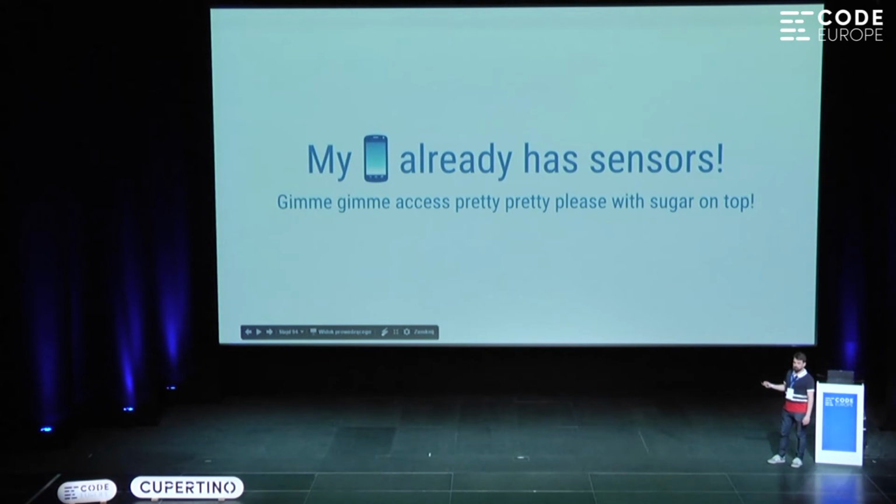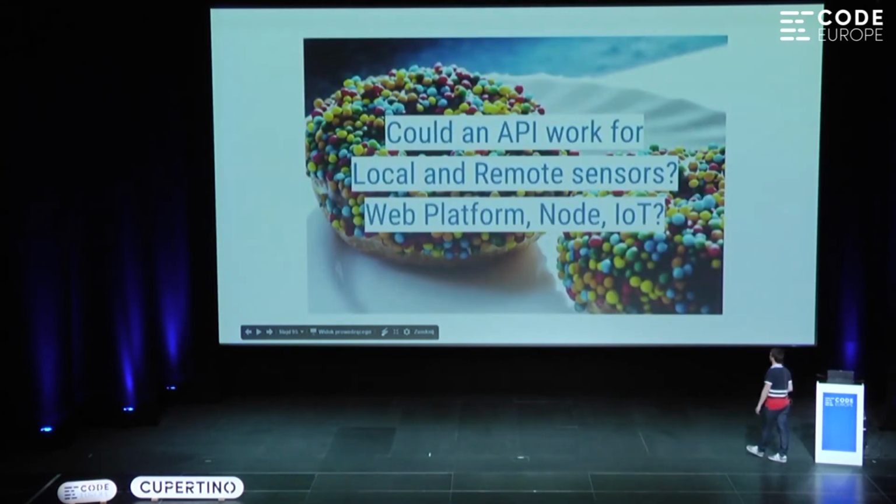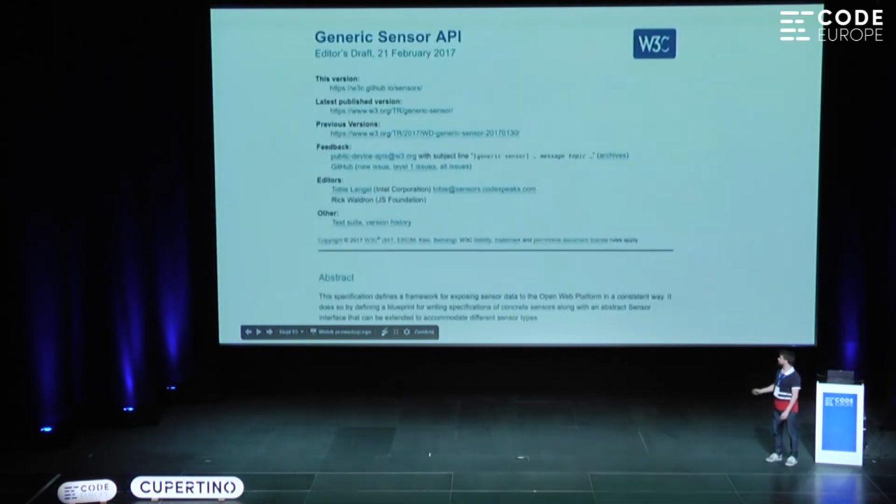So how can we connect to these? Well, we wanted an API which worked really well for the web, for your phone, for your laptop, but also when working with remote devices, so you don't need to redo your code all the time. And it has taken a while, because it's really, really difficult coming up with a nice solution which is generic enough that it works in all these use cases, secure, because people always find out how to abuse things, and easy to use.